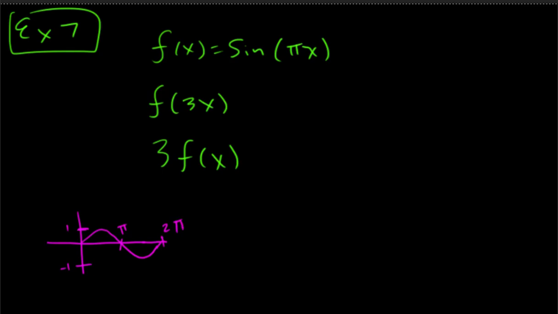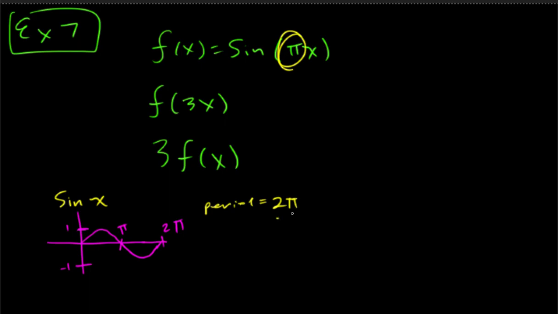Now, when we change stuff inside here, so we have an extra pi, once again, this was just sine of x. If we have an extra pi, we take the current period, which is equal to 2 pi, and we divide it by whatever is being multiplied. Those pi's will cancel, so our new period is 2.